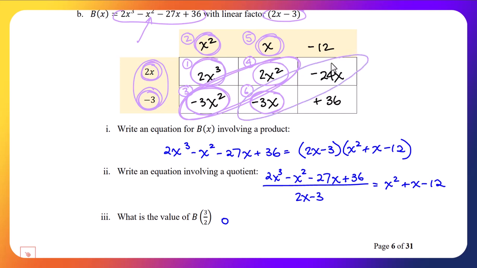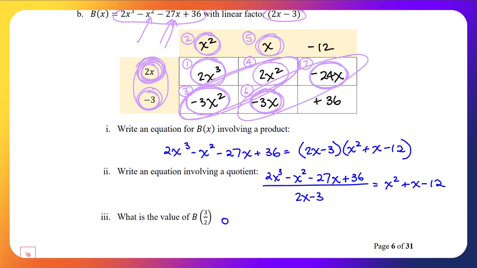This bubble needs to make the negative 27x. I already have the negative 3x here. I need another negative 24x to make that negative 27x. So that's step 7.